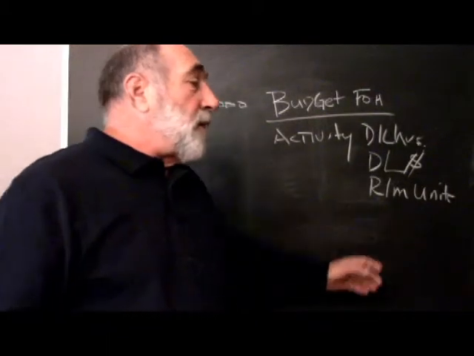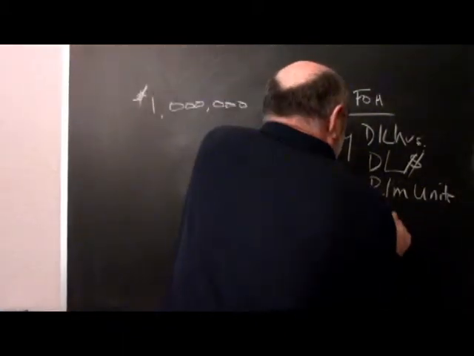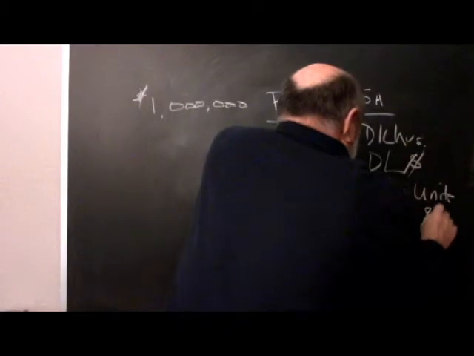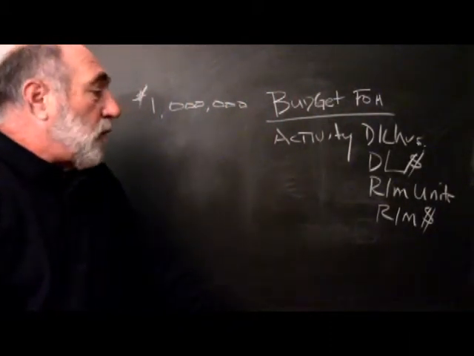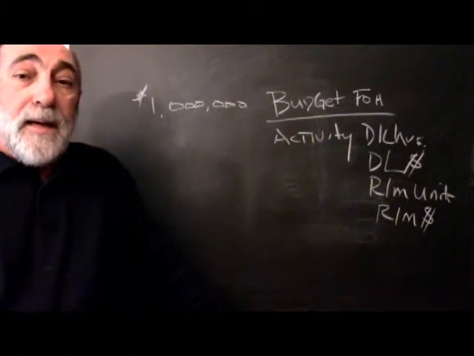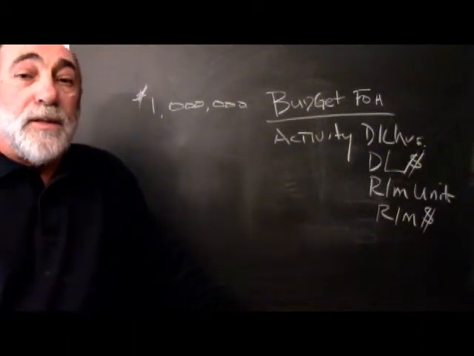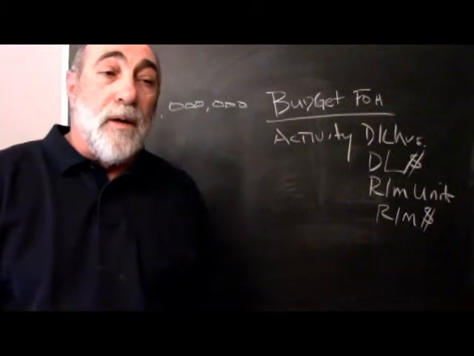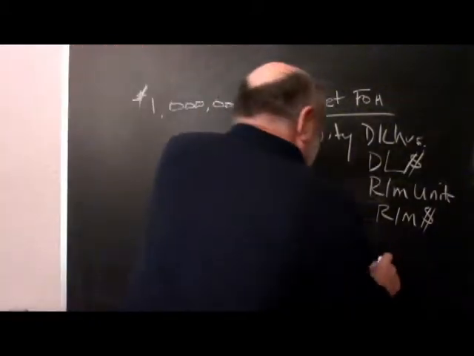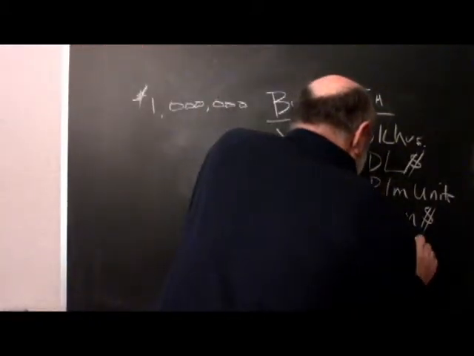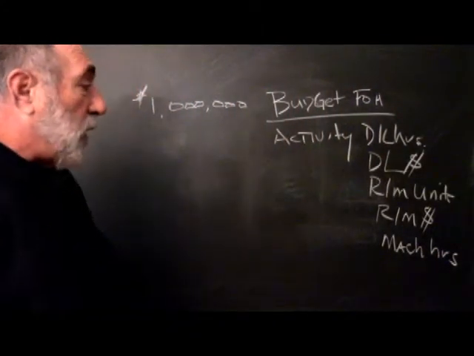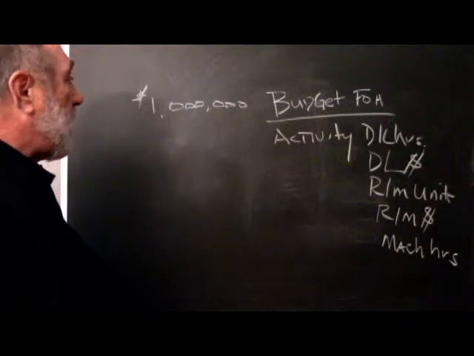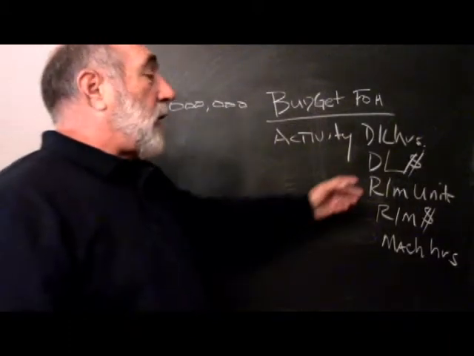So maybe it should be raw material dollars. Well, that's fine. Also, if we're a highly mechanized operation where we're not using that many people, but we're using more machinery, I could use something like machine hours. Okay.